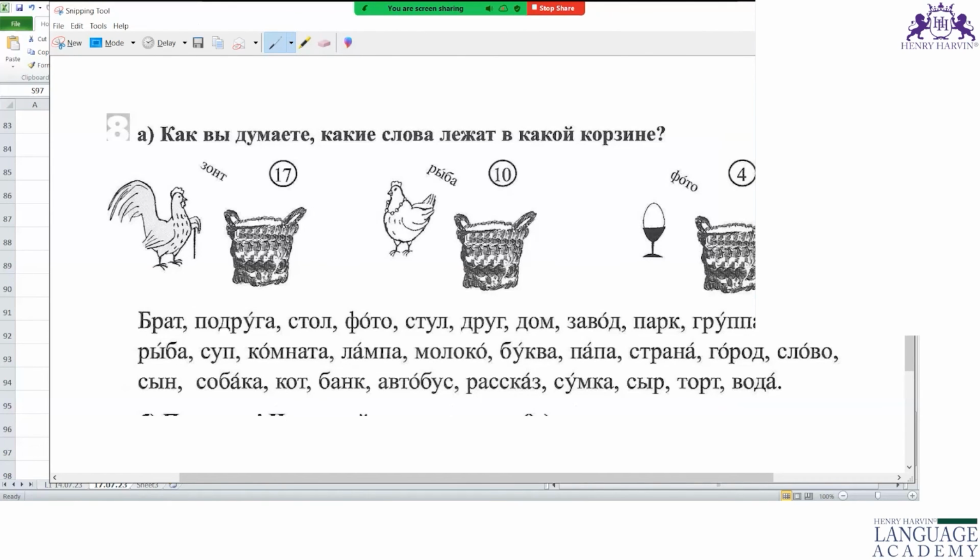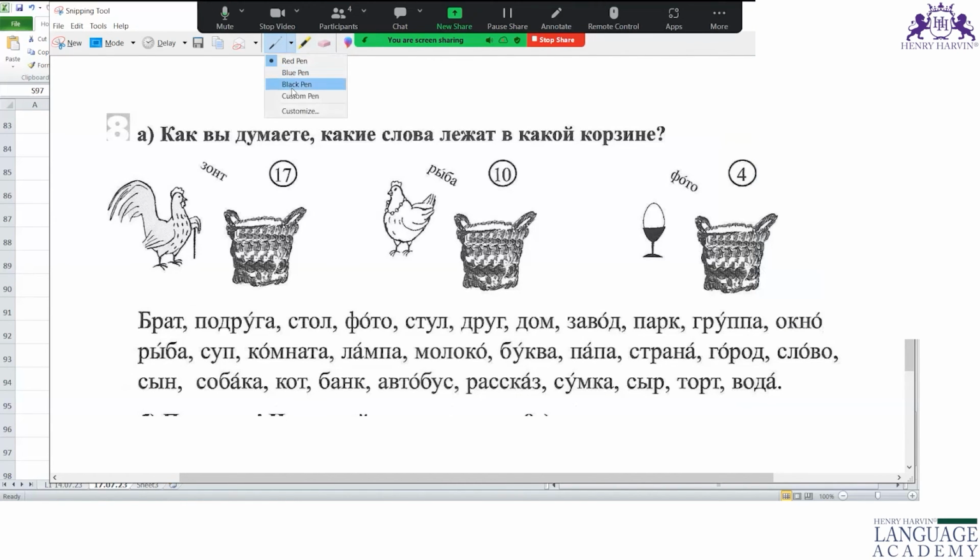Okay, Vishal, can you please help me find all the masculine words? Yes, ma'am.